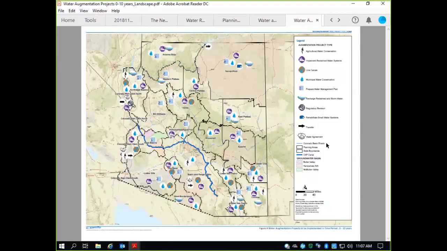So that was my point. If you're going to leave it on, do you put it everywhere? Or is it more of a blanket statement that a transfer is an augmentation option that's available in all the planning areas? I mean, there are places that don't need augmentation.